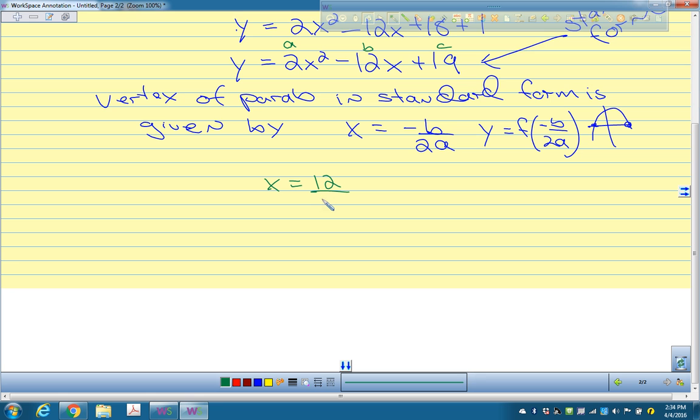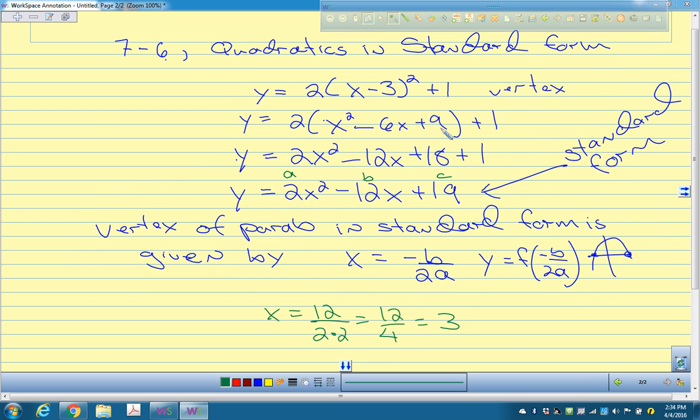What's 2a? 2 times 2, right? Which, because b is negative 12, makes it positive 12 over 4, which is what? 3. Notice that on my original parabola, which was in vertex form, what is the x-coordinate of the vertex? 3, okay?